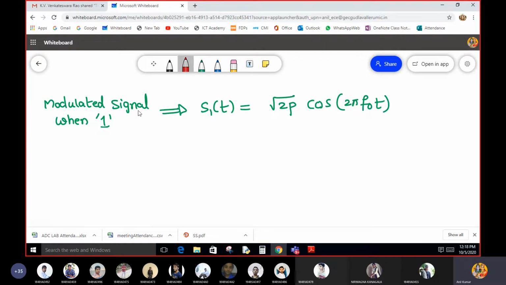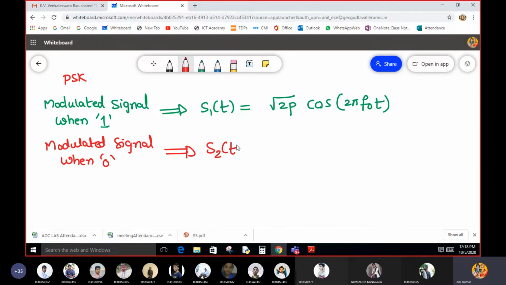And another modulated signal is also there: the PSK, phase shift keying, modulated signal when zero is to be transmitted. This is represented by s2 of t equal to minus root 2P cos 2 pi f naught t. This is the modulated signal when logic 1 is to be transmitted, and this is the modulated signal when 0 is to be transmitted, right?